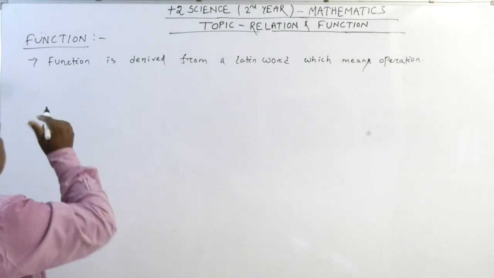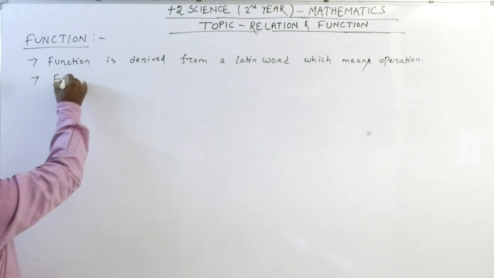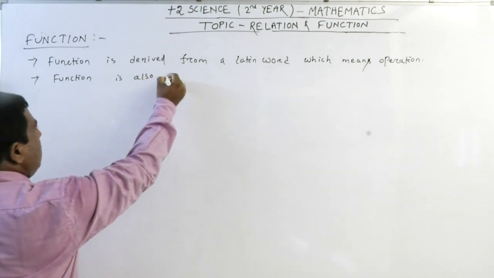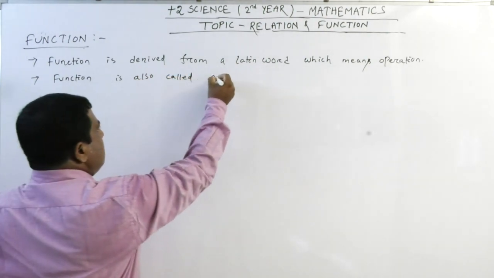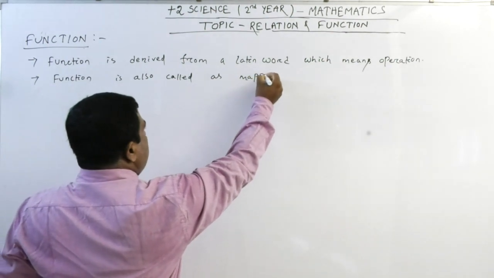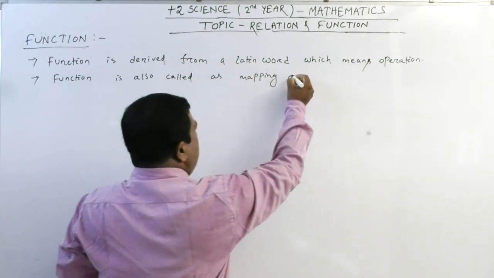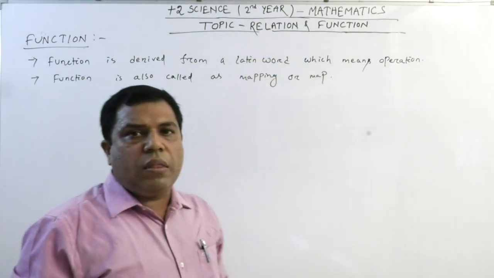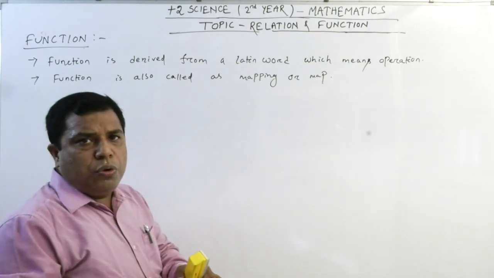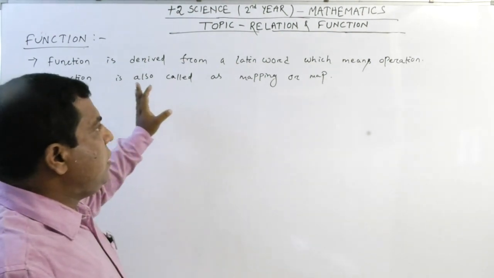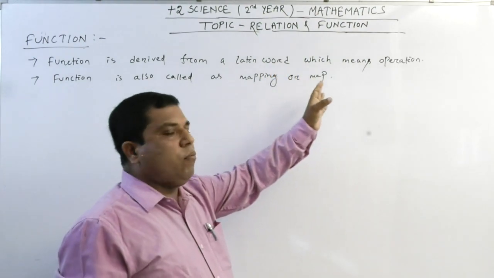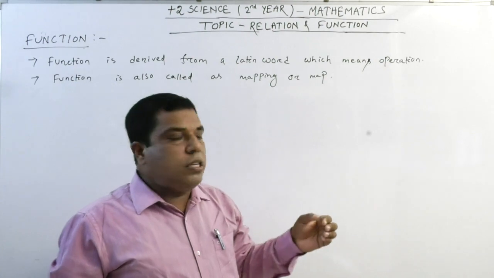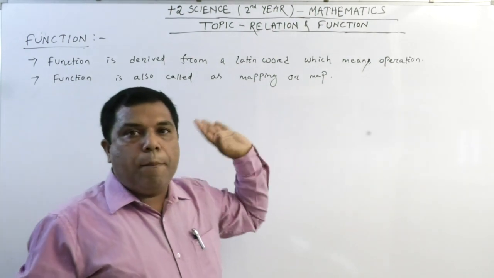The function is also called as mapping or simply map. So these are the two basic definitions, that function is derived from a Latin word which means operation, and it has also the synonym. Function is also called as mapping or map.